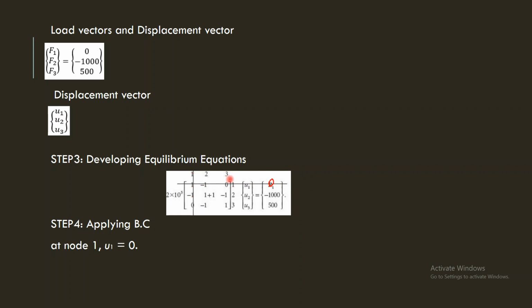So this one and this one. If you eliminate that, what is left is 2 into 10 raised to 5, here it becomes 2, minus 1, minus 1, 1, multiplied by u2, u3, that is equal to minus 1000 and 500. Okay. It is a 2 cross 2 matrix.